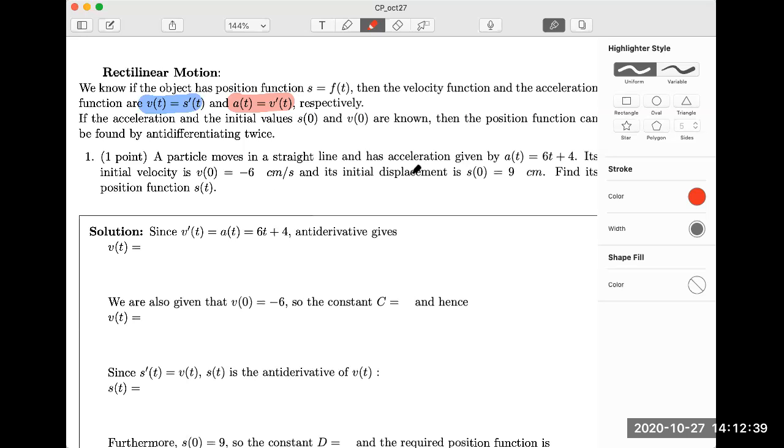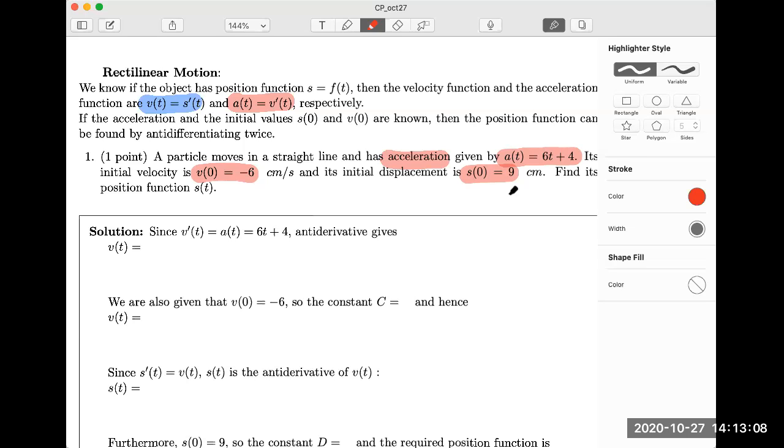We are given that the acceleration field is given by this formula. The initial velocity v at time 0 is -6, and the displacement field at t equal to 0 is 9 centimeters. Can we find the position function, right?